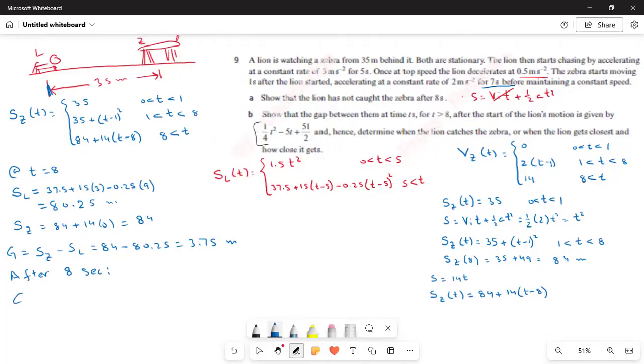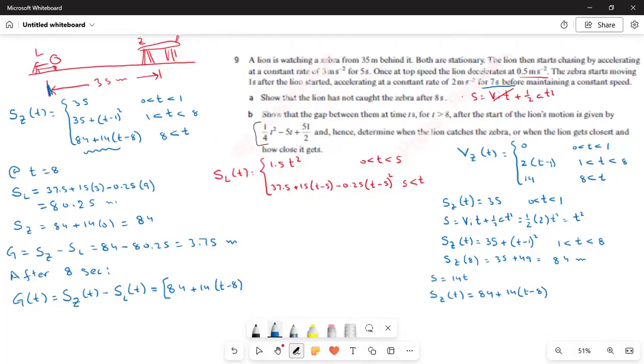After 8 seconds, the gap as a function of time is the distance of zebra as a function of time minus the distance of lion as a function of time. Make sense? The distance of the zebra as a function of time is 84 plus 14 into t minus 8.